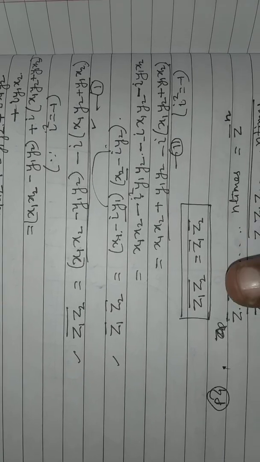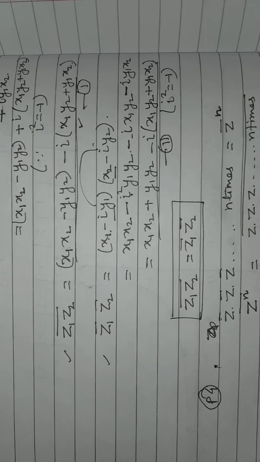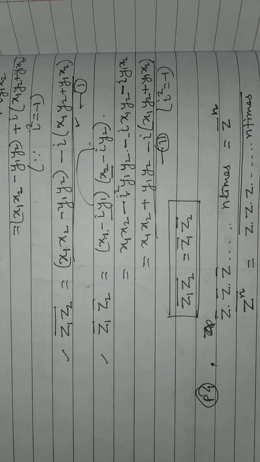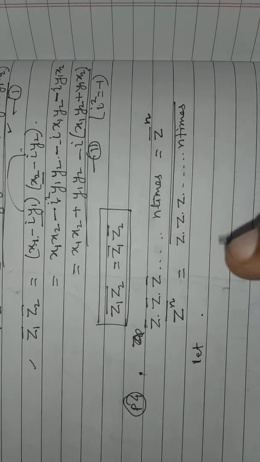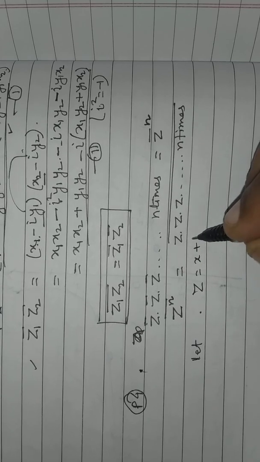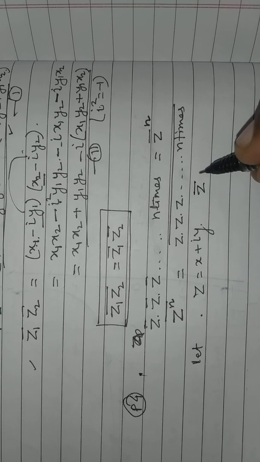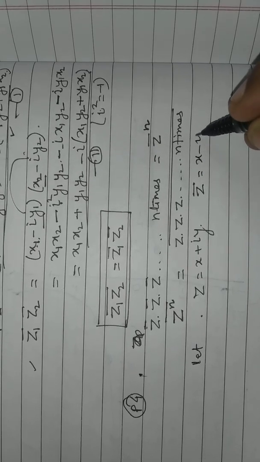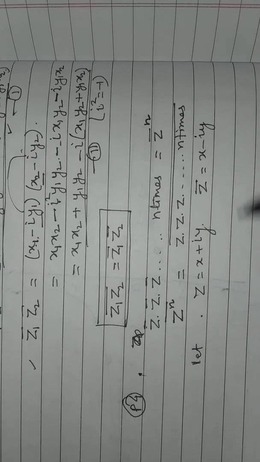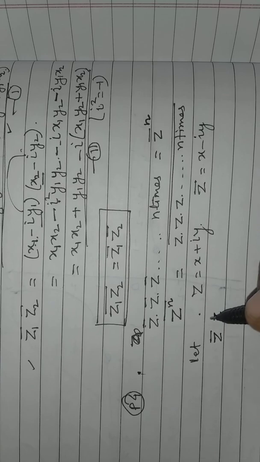So see, let us suppose z is equal to x plus iy. So z conjugate is equal to x minus iy.